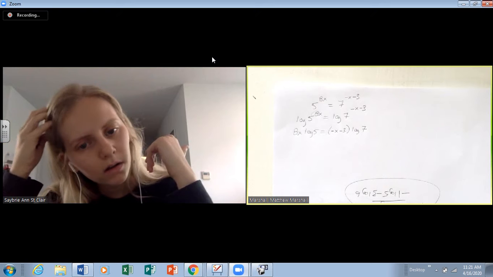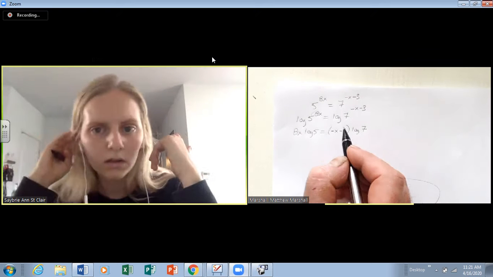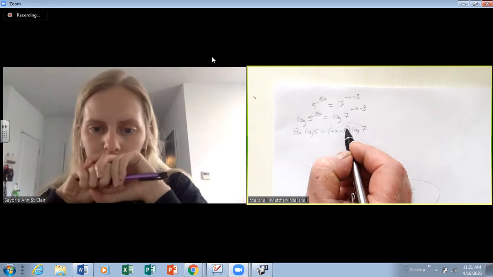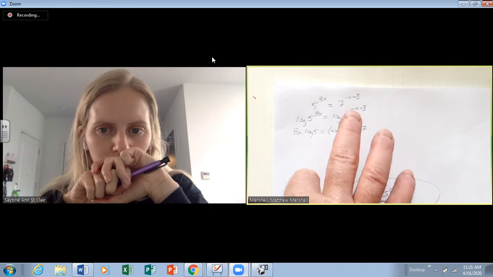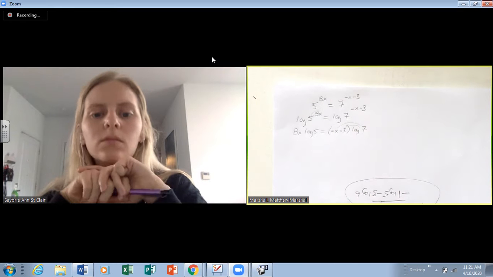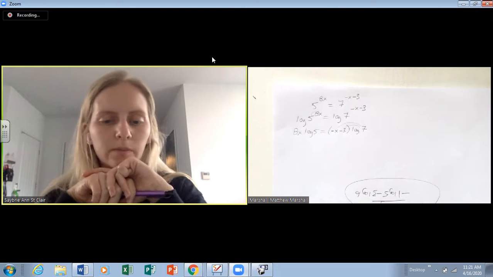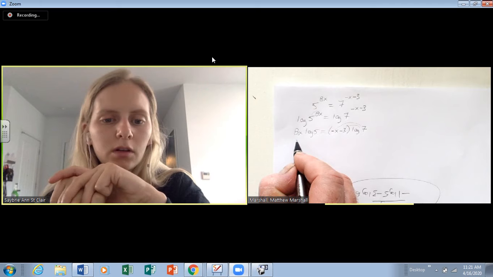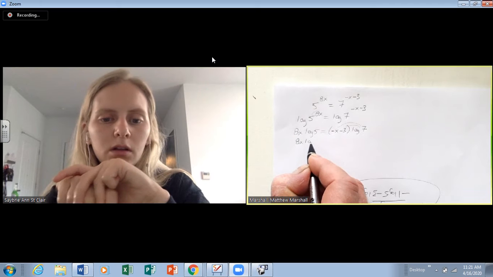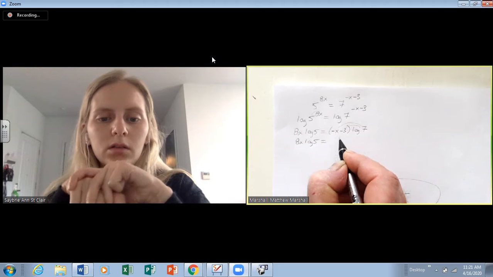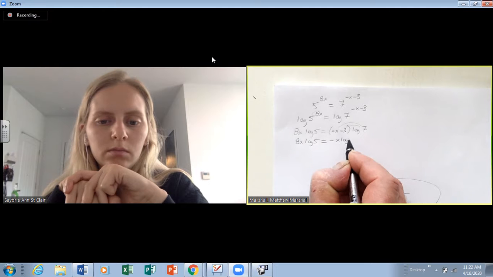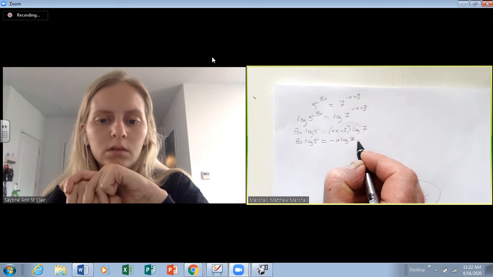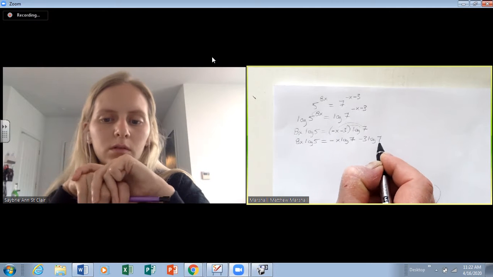You okay right there? And then that's where you're going to distribute. And then you're going to factor out an x. And then you've got to rearrange all the x terms on one side and the others on the other. So this will be 8x log 5. Over here I get negative x log 7 minus 3 log 7. What do you think about that?